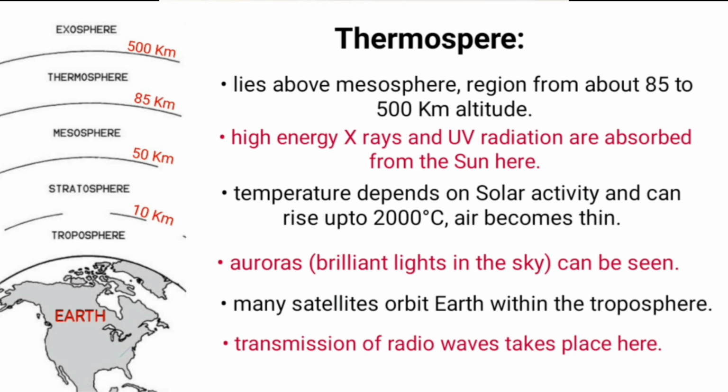Its temperature depends on solar activity and can rise up to 2000 degrees Celsius, and air becomes thin here. Auroras, which are brilliant lights in the sky, can be seen here. They are also known as northern lights and southern lights. Many satellites orbit Earth within the thermosphere. Transmission of radio waves also take place here.